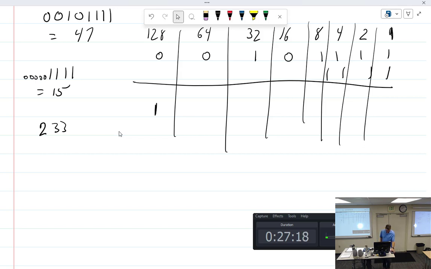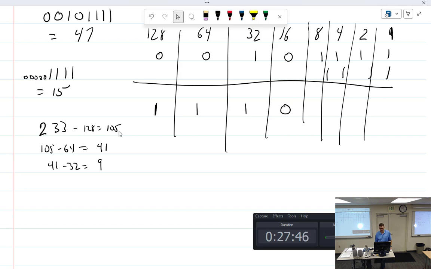So I like to have my calculator out, and I say 233 minus 128 equals 105. So can I have a 64 in there? Yes, so then it's 105 minus 64 equals 41. So can I have a 32? Yep, so 41 minus 32 equals 9. So can I have a 16?